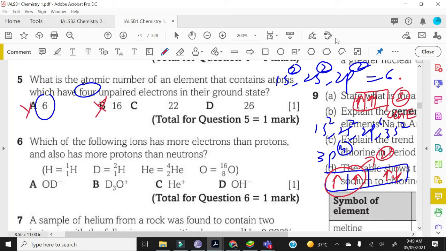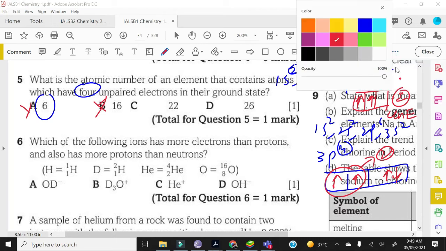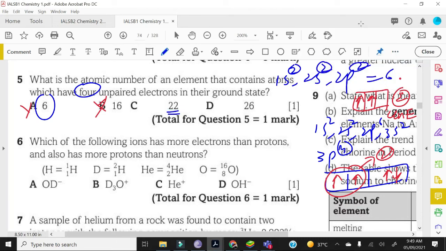Let's talk about C. The electronic configuration for C is 1s2, 2s2, 2p6. 10 electrons are gone. 3s2, 3p6. 18 electrons. Still how many are left? 4 are left.